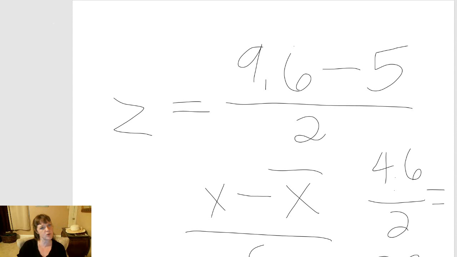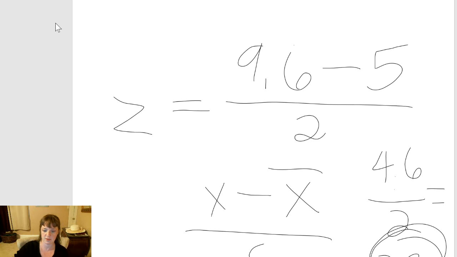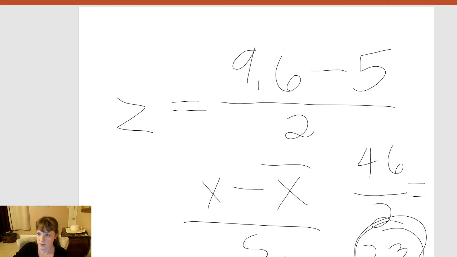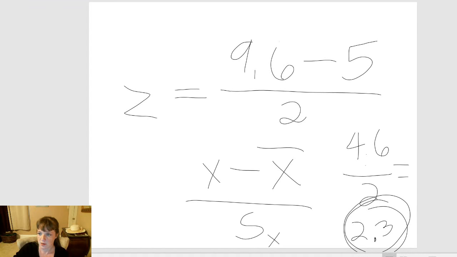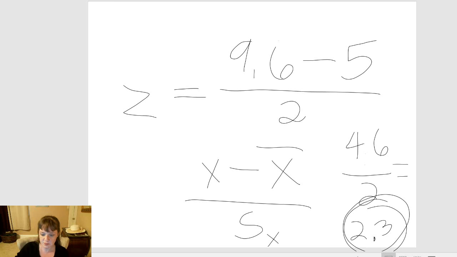So now, what do I know about this person? I know that this person is 2.3 standard deviations above average. Not 2.3 points, but 2.3 standard deviations, right?